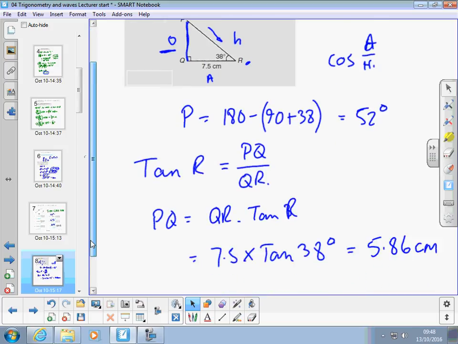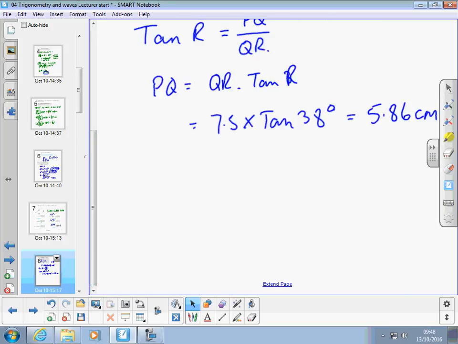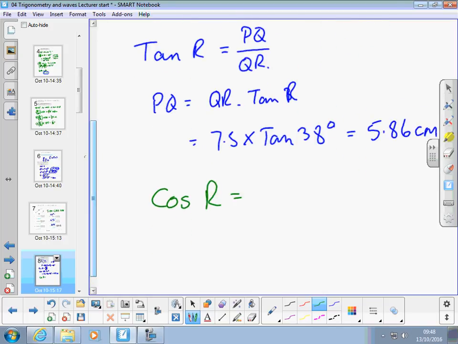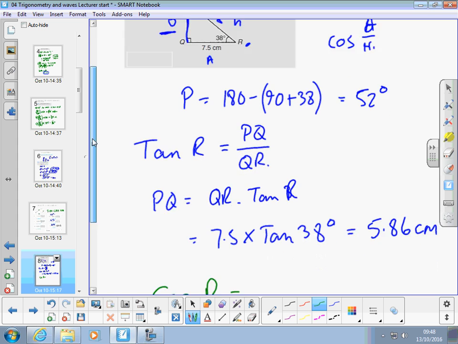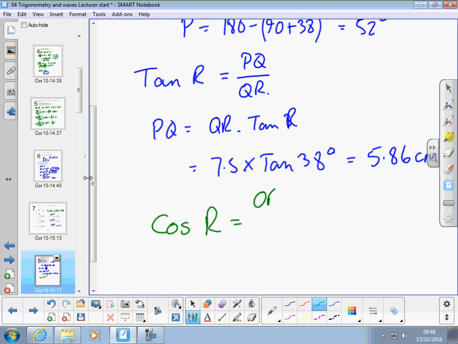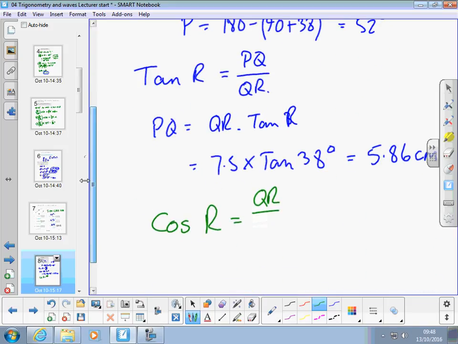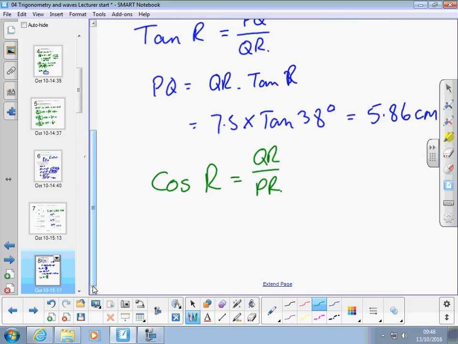So we're going to go down the road of using cosine of the angle R is equal to the side QR over the side PR. And we want to find PR. So what we've got to do with that formula is get it into PR equals something.